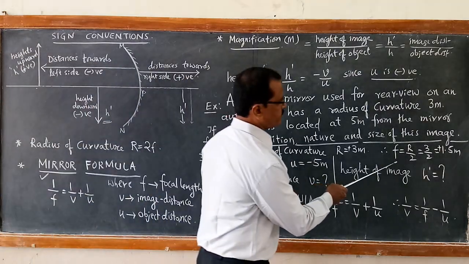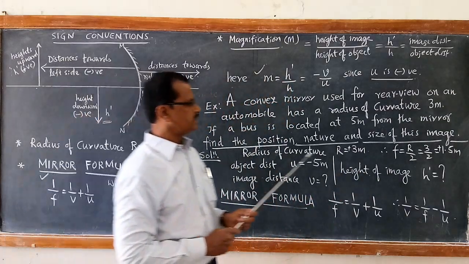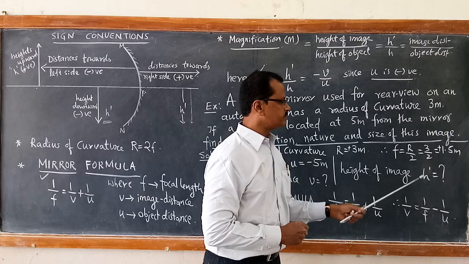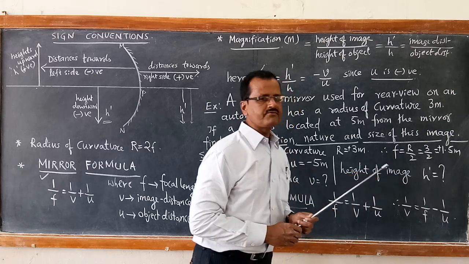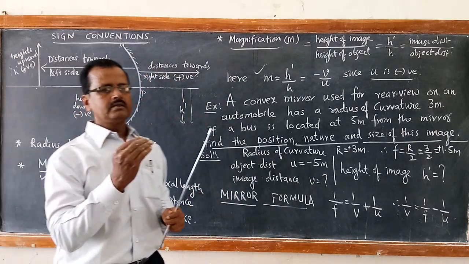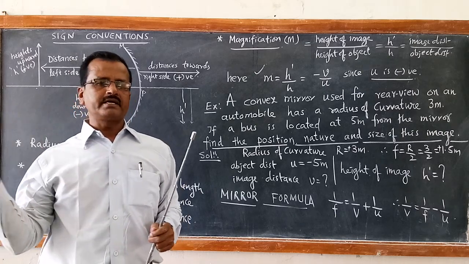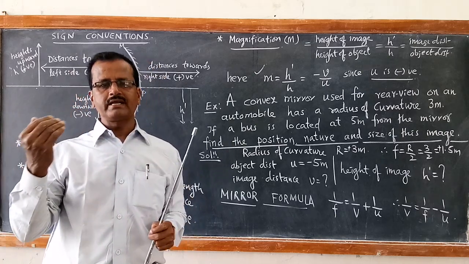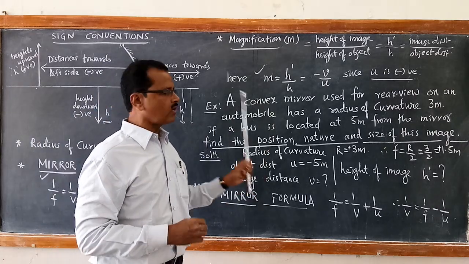So focal length of the convex mirror becomes r by 2, that is 3 by 2, plus 1.5 meter. Why is it plus? I have told you, in case of a convex mirror, the center of curvature lies on the other side.